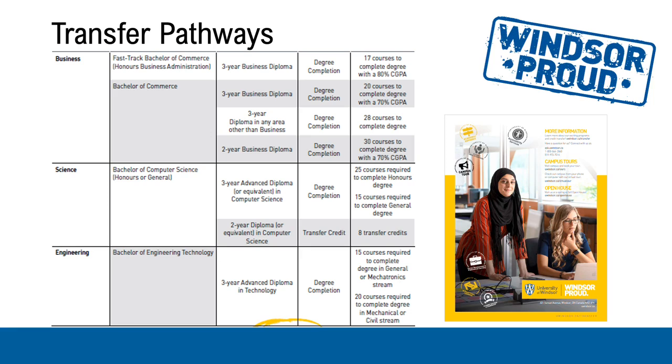Listed on this slide are a number of transfer pathways for students coming from a college program looking to come into the Odette School of Business or the Faculty of Science or Engineering. For further details on transfer pathways, you can go to the University of Windsor transfer website, a link to which will be provided on a slide later on.